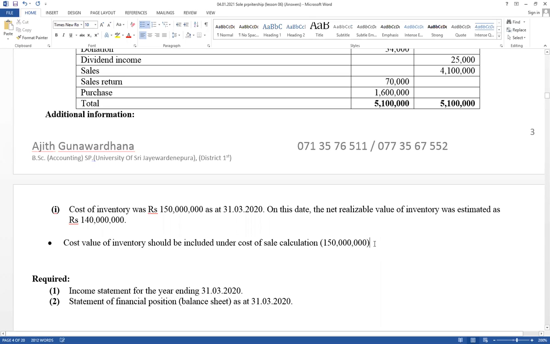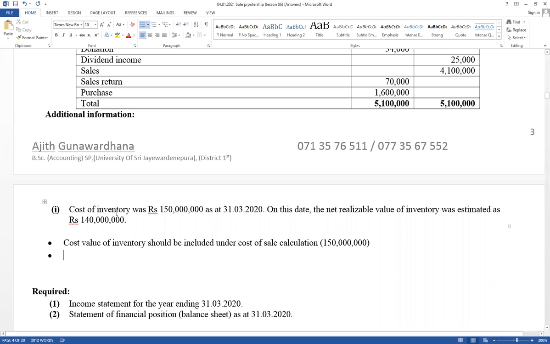Then second step, lower value. Think about cost value 150,000. Net realizable value equal 140,000. Therefore, second part, lower value of cost and net realizable value. This is short form.